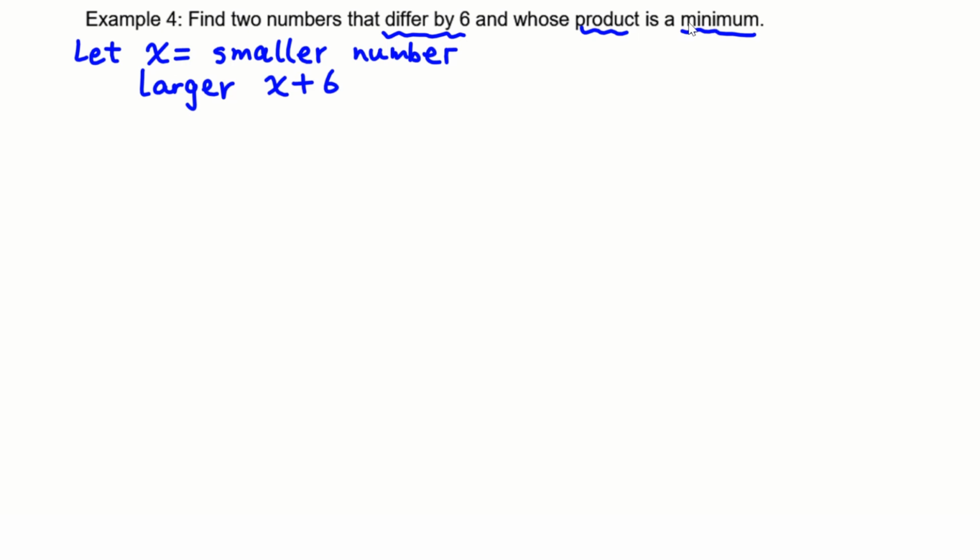And the product is a minimum, so we are going to let y represent the product. If we write it in vertex form and find the vertex, the y value is the minimum. Product means multiply, so the product of the two numbers is the smaller number times the larger number.